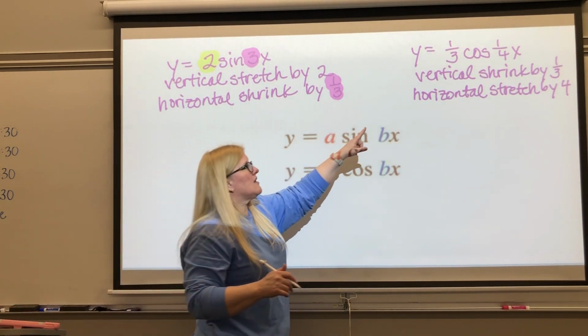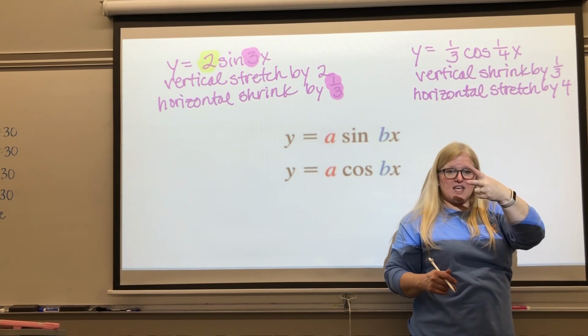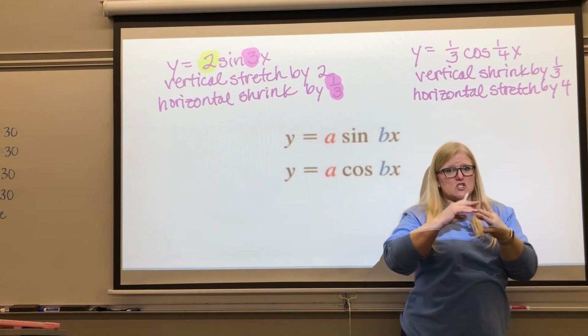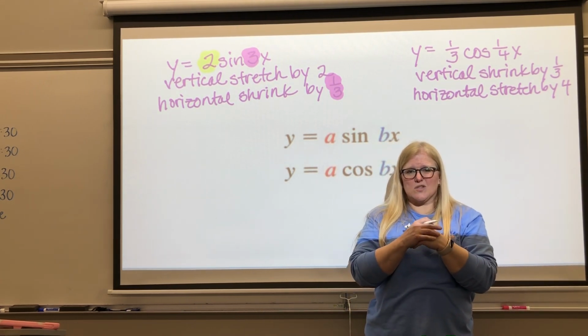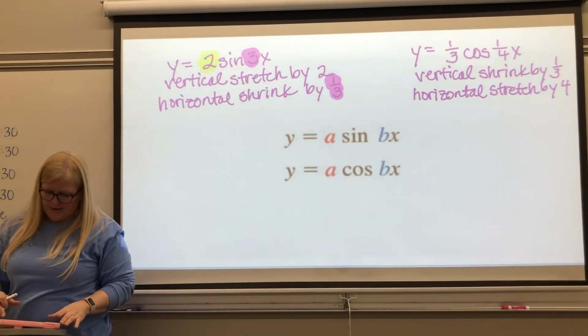Because I'm taking the 1/4, I'm flipping it, I'm taking the reciprocal, and that 4 becomes a stretch because it's over 1, okay? I know it's a little weird. All right.